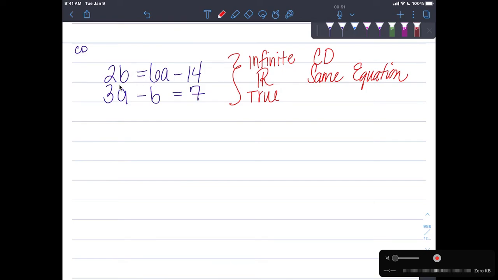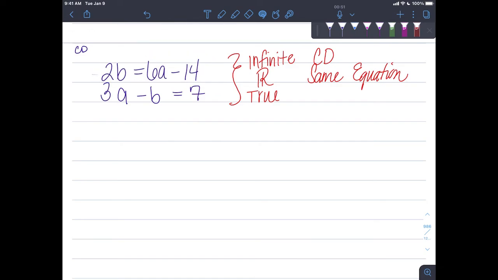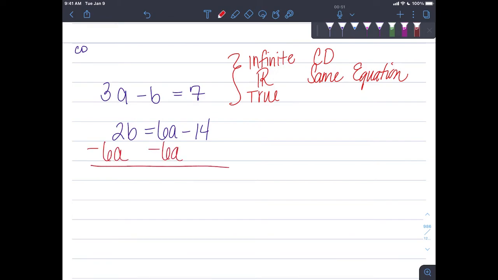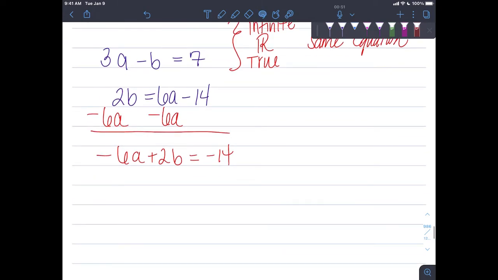Well, let me go ahead and move. I'm going to take that first equation. I'm going to rearrange it just a little bit. I'm going to move that 6a over. And I'm looking at these two equations now in comparison to each other.